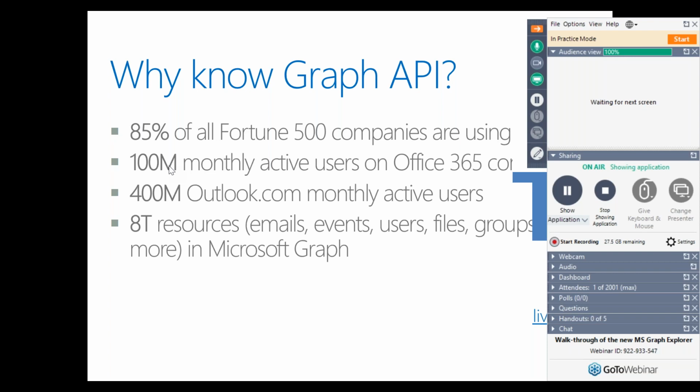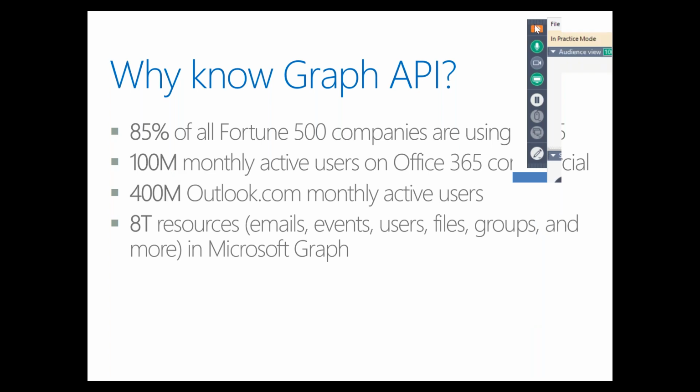These are some statistics I have taken from Microsoft.com. 85% of all Fortune 500 companies are using Office 365. There are 100 million monthly active users of Office 365, so there's a vast reach of the Office 365 platform. And there are 400 million Outlook.com active users.